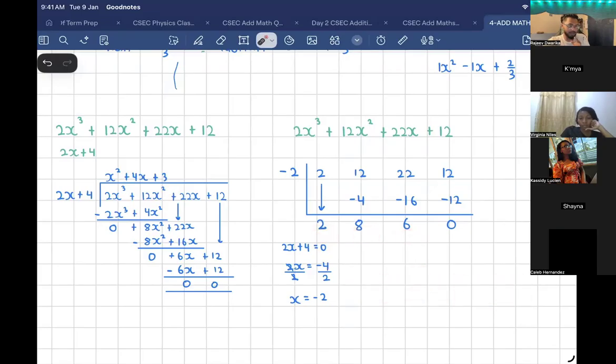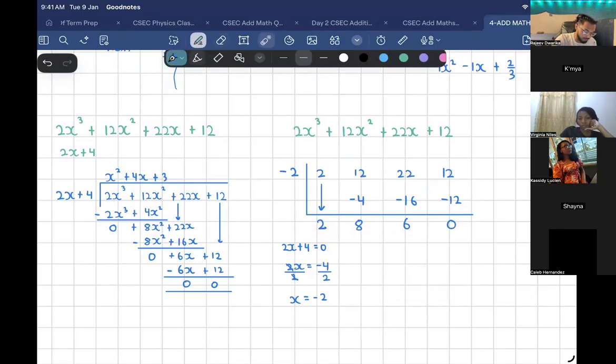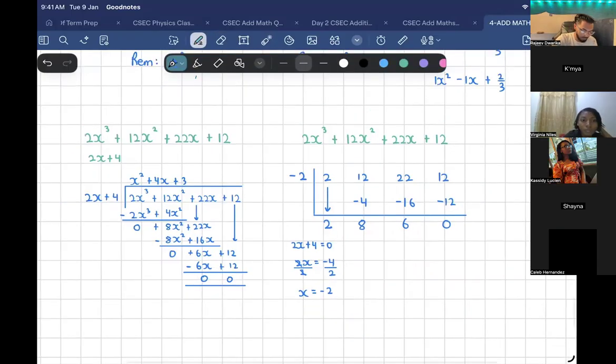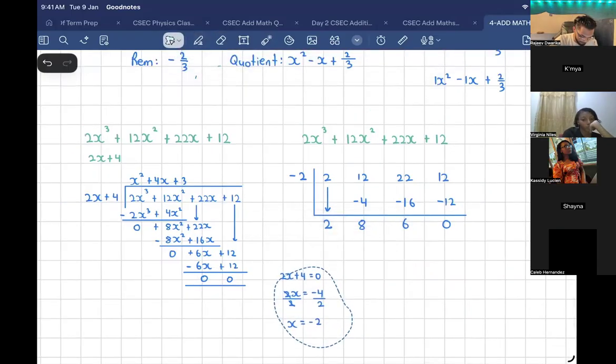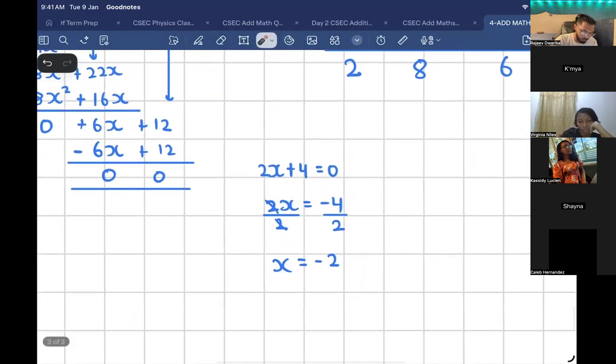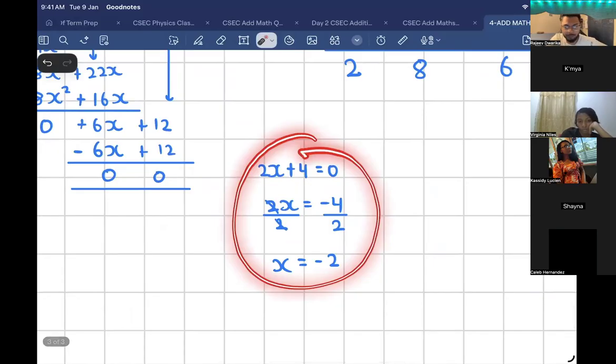I have to divide by 2. But you know why I have to divide by 2? Look at this process. What did we divide by at some point? 2.